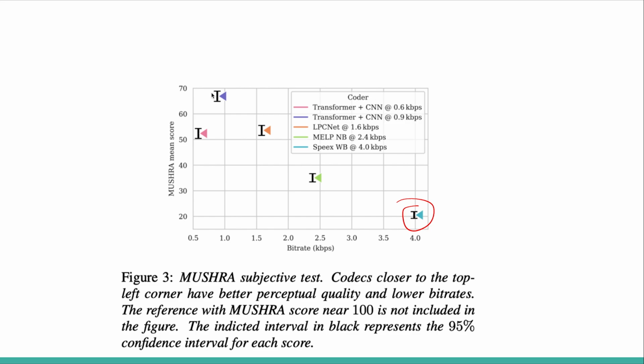I believe in the future all the communication companies and streaming service companies will change their codecs to these neural network based codecs. In a couple of years, I believe this will become a very big thing.